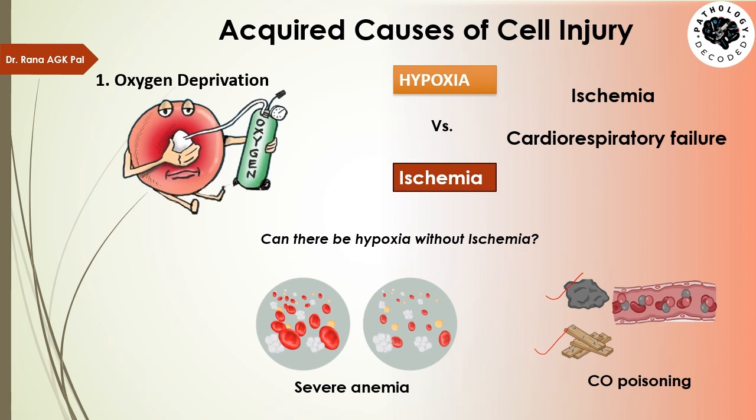So these RBCs are not able to carry the oxygen. Although the blood is reaching the tissue in sufficient amount, still the oxygen is not reaching there. So the tissue will suffer from hypoxia, although there will be no ischemia. So yes, there can be hypoxia without ischemia, and the conditions are severe anemia and carbon monoxide poisoning.